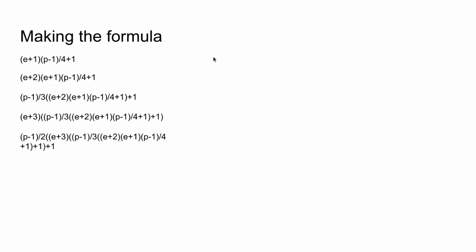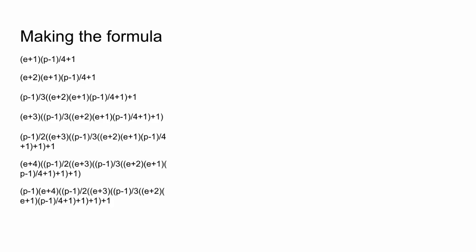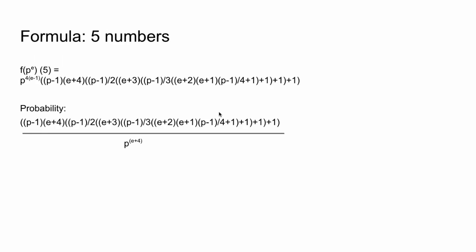Now multiply by e plus 4, multiply by p minus 1 and add 1, and then finally we multiply by p to the 4 times e minus 1, and this is our formula. So f of p to the e for 5 numbers is equal to this, and if you want to find the probability of multiplying 5 numbers together and getting a multiple of p to the e, you use this formula.